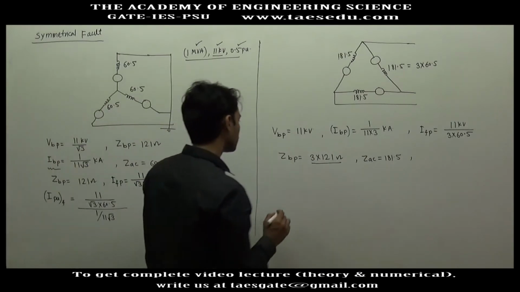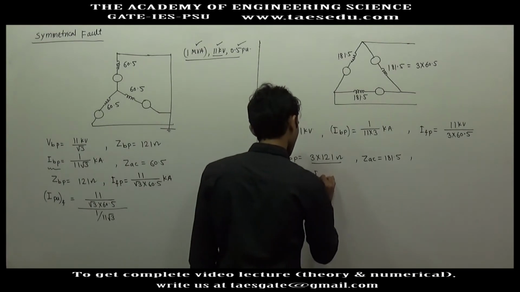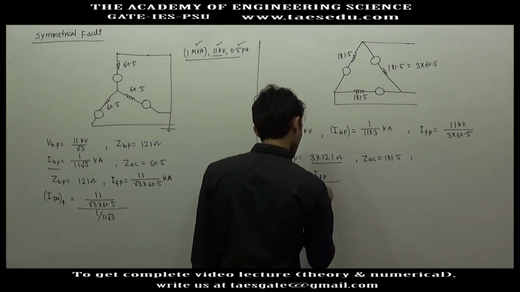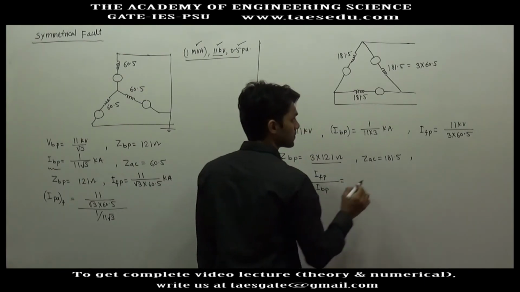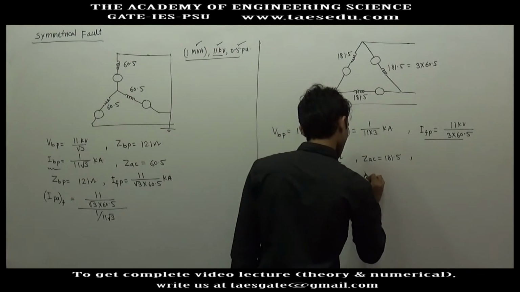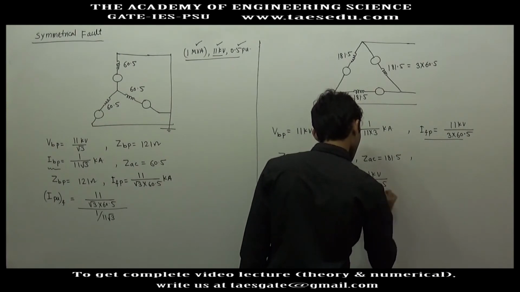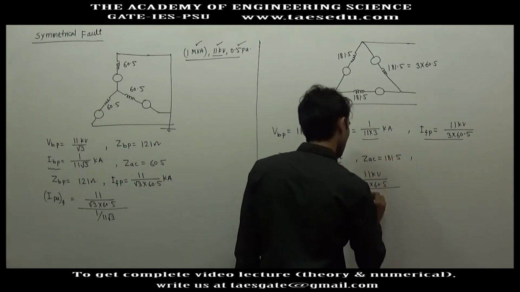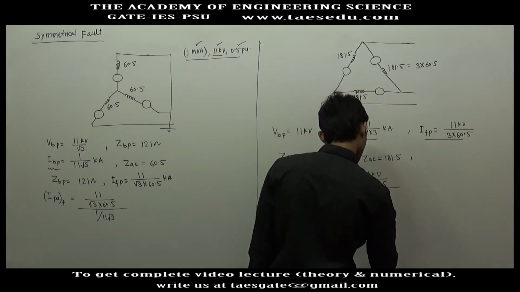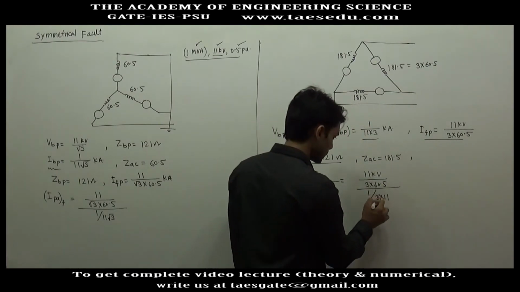In case of delta, the PU value of fault current in phase will be the actual fault current in phase divided by the base value of phase current. So the actual value of fault current is 11 kilovolt divided by 3 into 60.5, divided by the base value of phase current, which is 1 divided by 3 into 11. So this 3 and 3 will be cancelled.